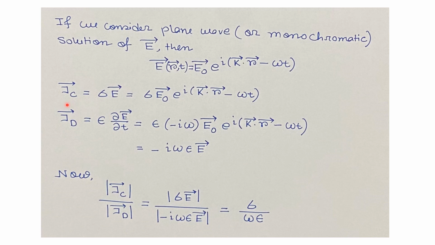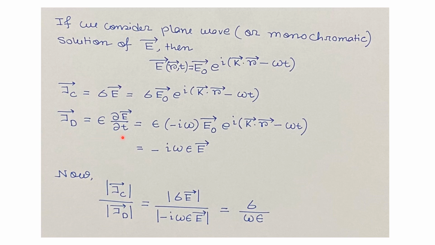Now the conduction current density Jc is given by sigma times E vector. We'll put this E vector expression in this equation. So we'll get Jc vector equals sigma times E naught vector times exponential of i times k dot r minus omega t. And the displacement current density vector will be given by epsilon times del E by del t.